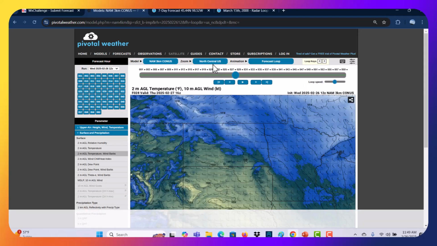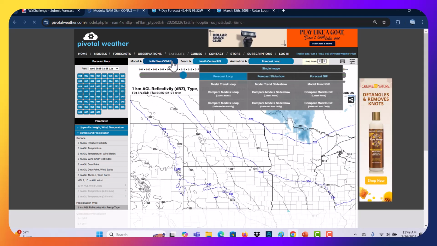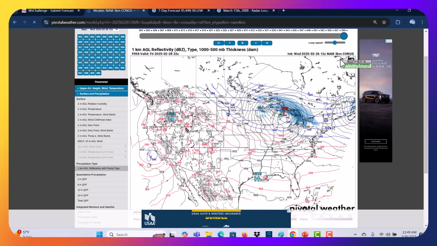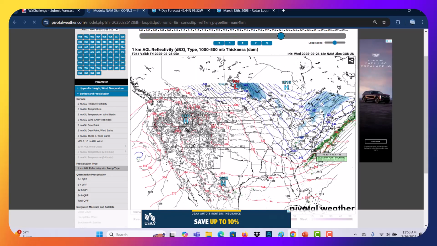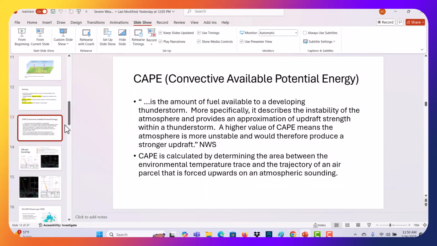Okay, let's talk about this real quick. CAPE is calculated by determining the area between the environmental temperature and the trajectory of an air parcel.